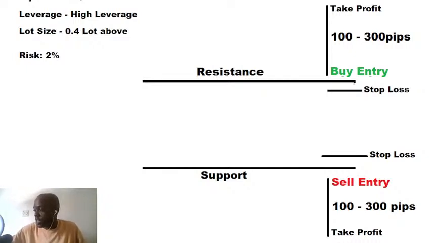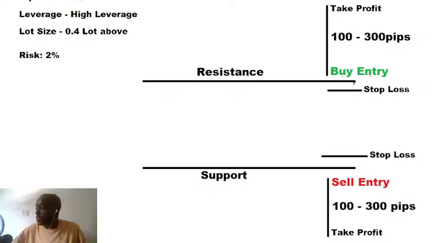out of this $20, so we want to risk $8. I want to risk $8 out of this $20. Don't forget, our lot size is 0.4 lot size, and we want to risk $8.